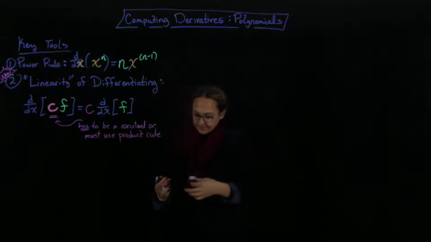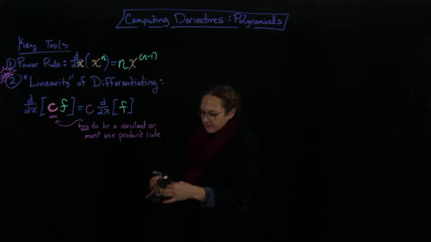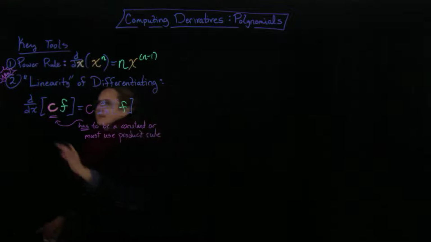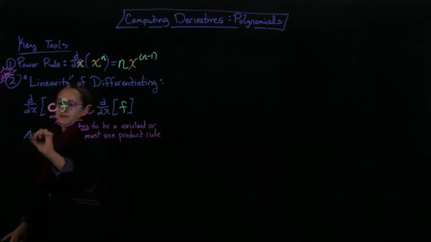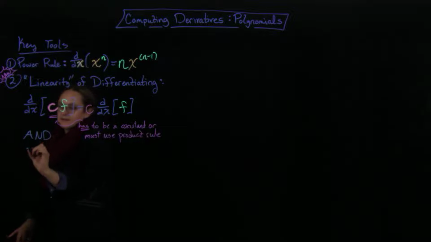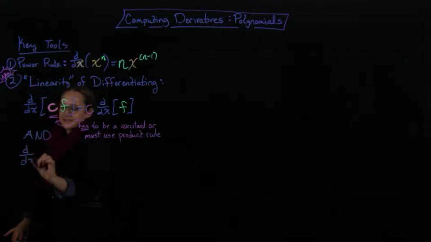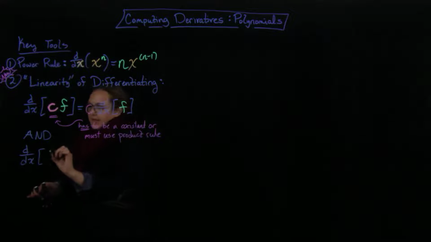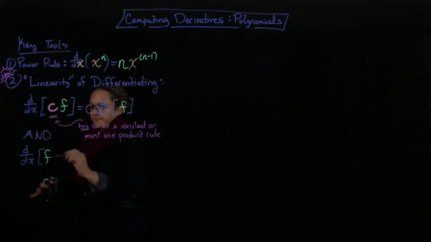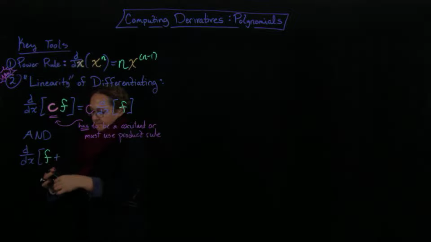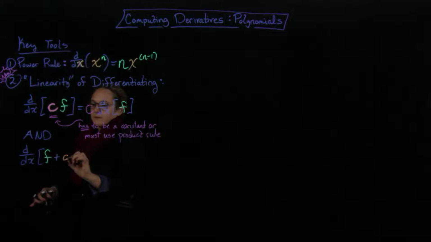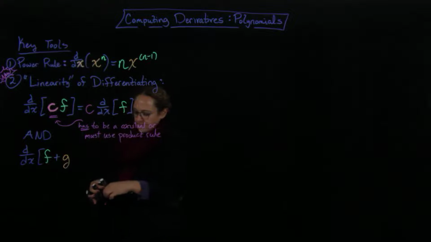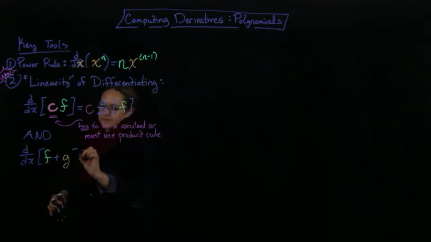There's a second part to linearity, which is like our dream come true, because that doesn't work when we're taking products. So I have the derivative with respect to x of the sum of two functions. This is why I decided to save orange, because I wanted to use it for the second function.